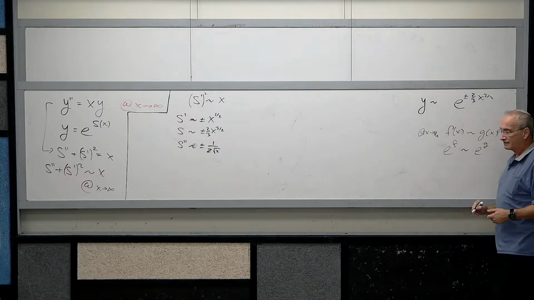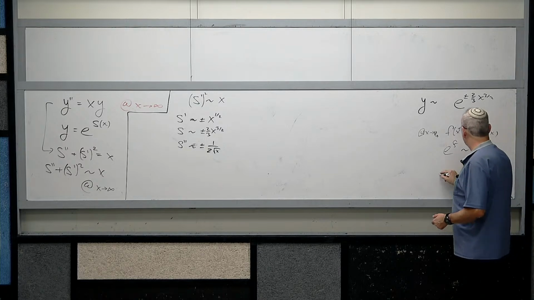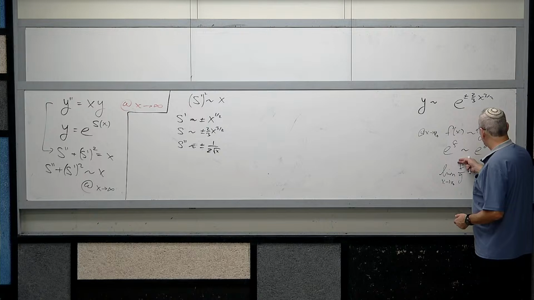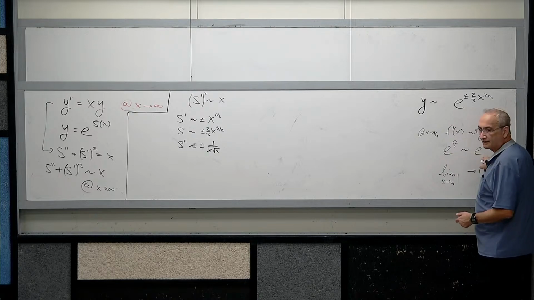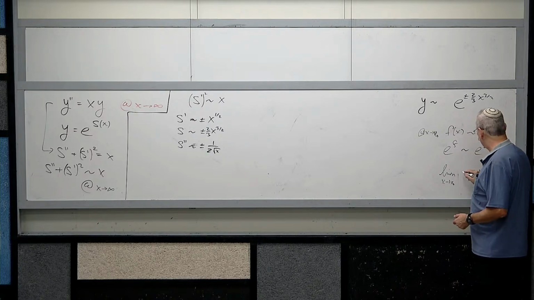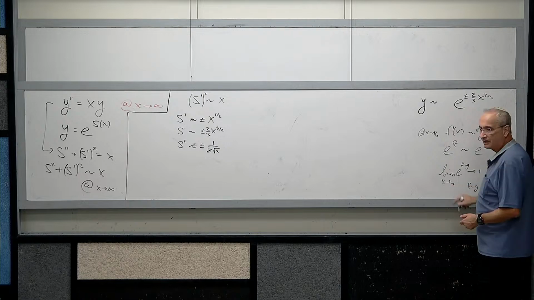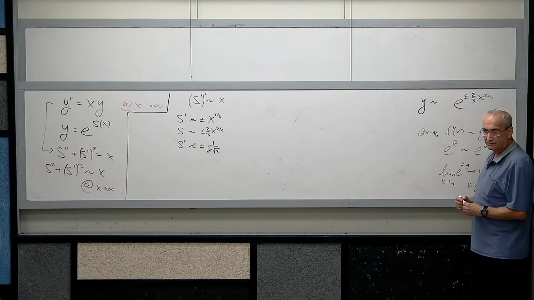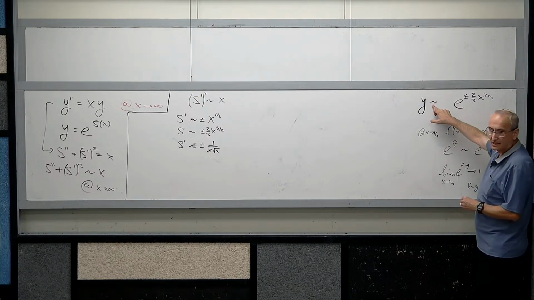The reason is that asymptotic means that the limit of f over g is going to 1 as x goes to x naught, and this is fine. But to say that the limit of e to the f divided by e to the g is going to 1 is to say that e to the f minus g is going to 1, which implies that f minus g is going to 0 at this limit. Right? So we cannot write this asymptotic sign unless we make sure that what?